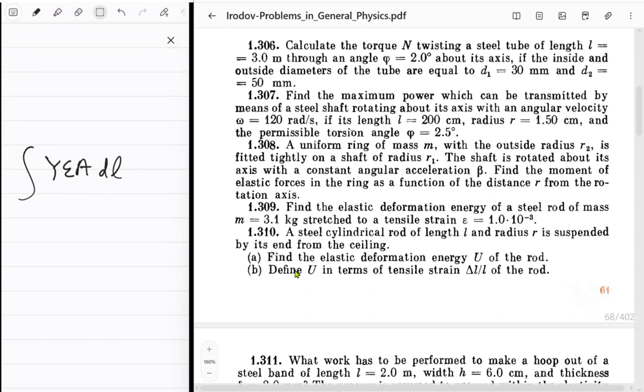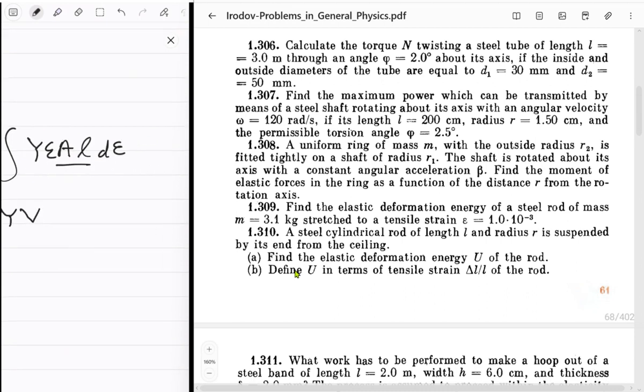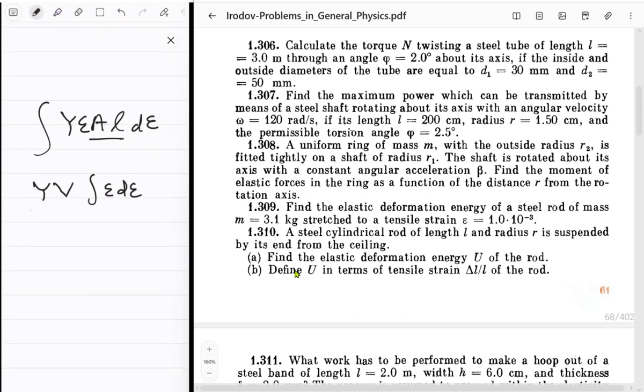But remember, dL is actually just the length times the change in strain. dL upon L is by definition the change in strain, so dL is equal to L d-epsilon. So this whole thing is just the Young's modulus times the volume of this thing, and then you got the integration of epsilon d-epsilon.